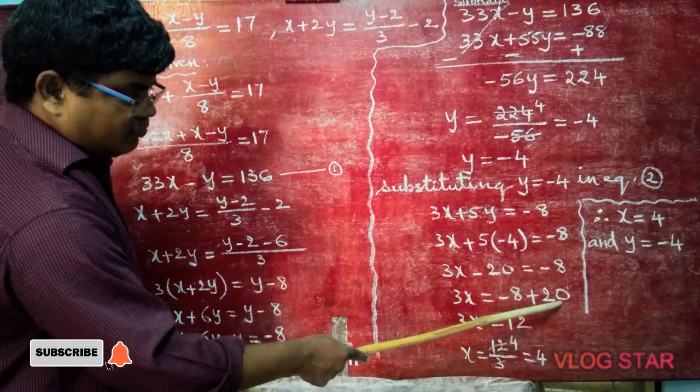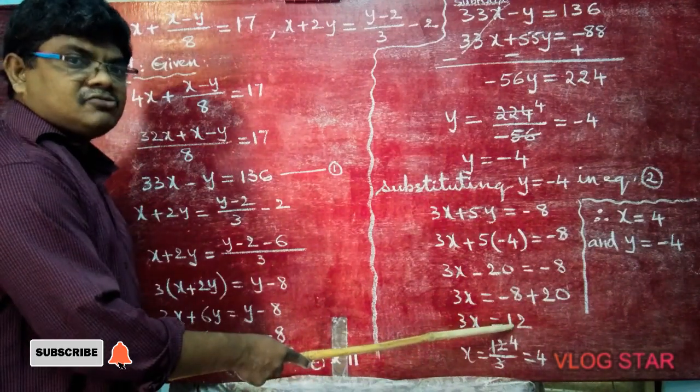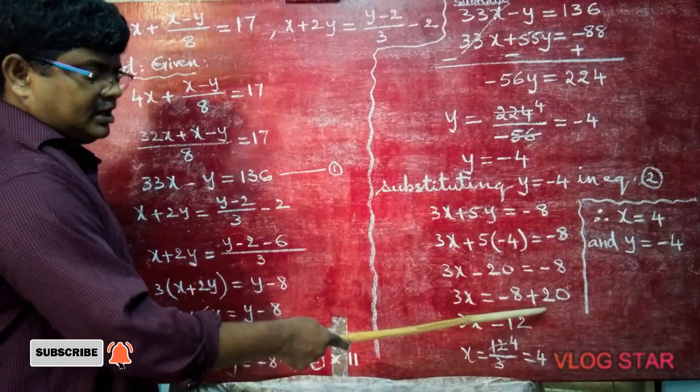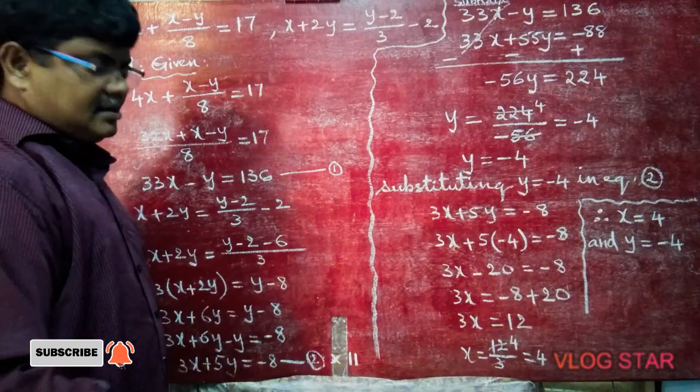So 3x is equal to 20 minus 8, which is 12, plus 12, the bigger number's sign. You know 20 minus 8, first class, second class standard problem.